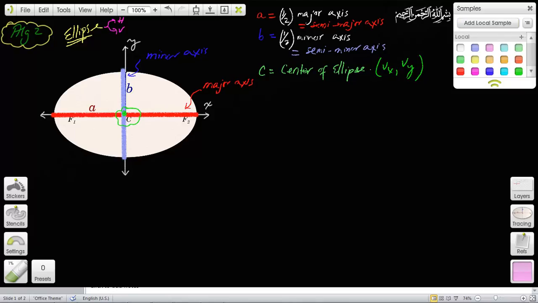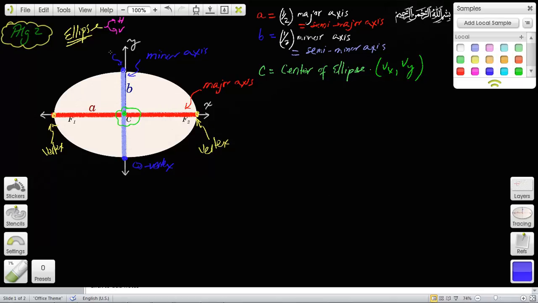Now, an ellipse has vertices. An ellipse has vertices, all right? And they are here. Okay, so it actually has 2 vertices, not 4. Okay, so these are called vertices, or singular, vertex, and that's a vertex. Now these over here, they're not called vertex, they're called covertices, or singular, covertex.